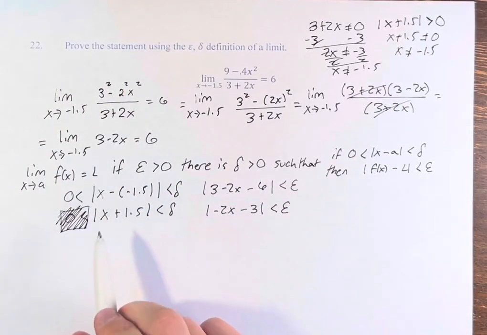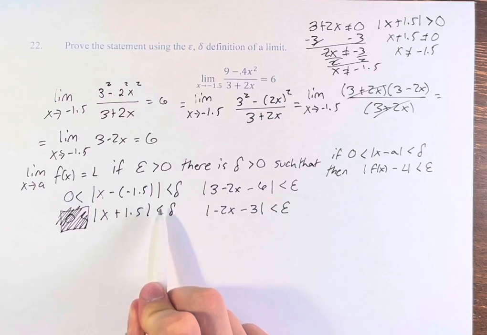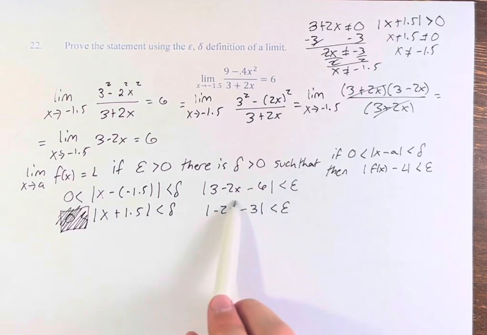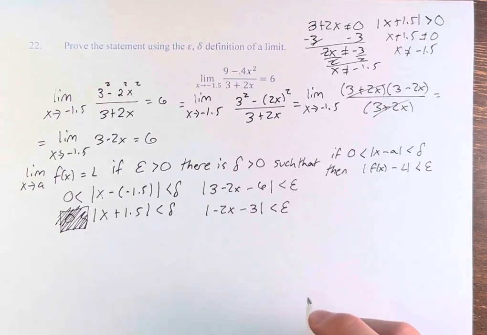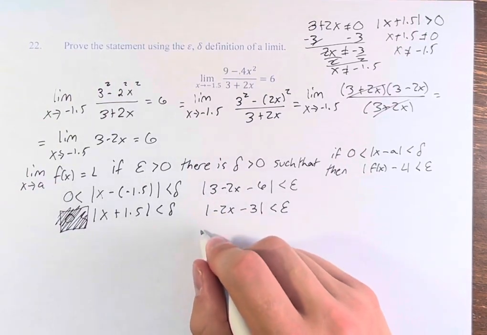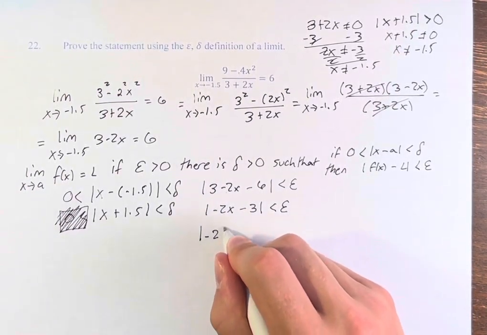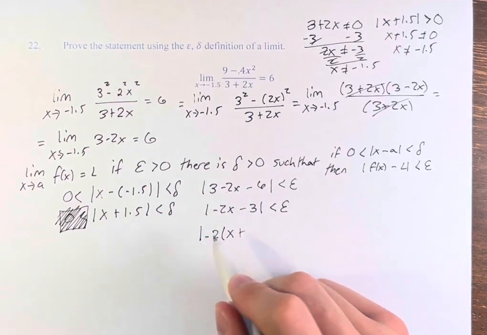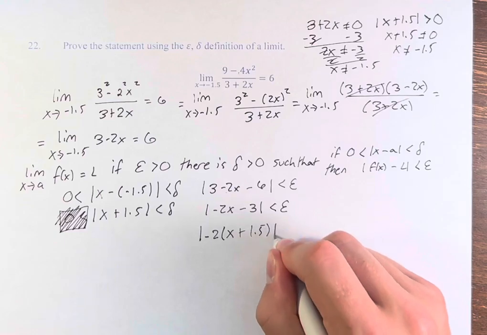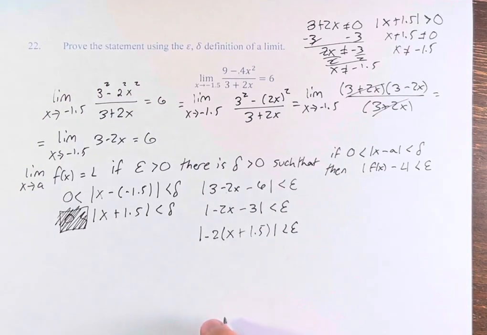Therefore, we're only saying that the absolute value of x plus 1.5 is less than delta. We need to relate this to this inequality. So what we can do is factor out a negative 2. So this is the absolute value of negative 2 times (x plus 1.5), dividing negative 3 by negative 2 is 1.5. Probably see where this is going.